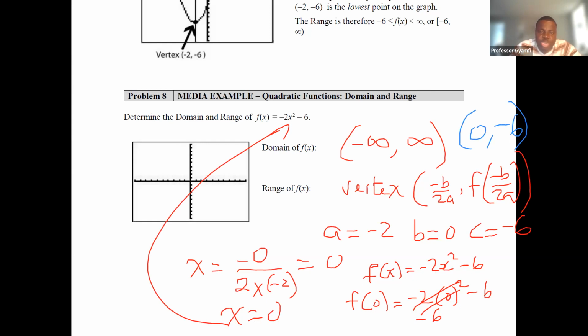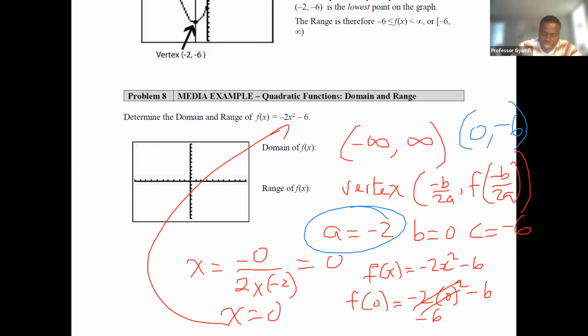Now, look at this function. Is it going to open up or down, and why? Remember, to know if a graph opens up or down, it depends on the a value. Here we see that a is negative 2. It's less than 0. So the graph will open down.